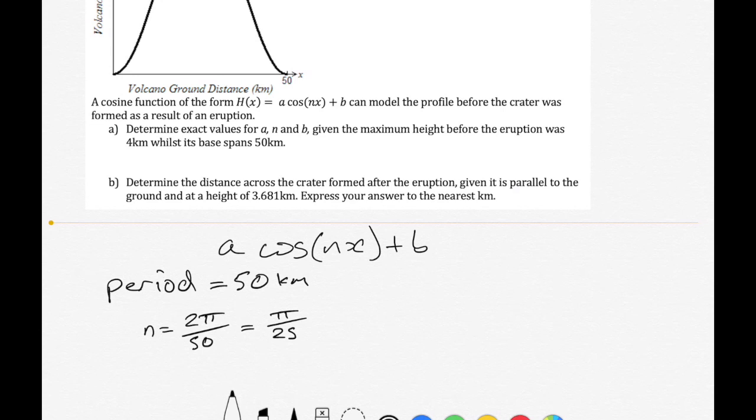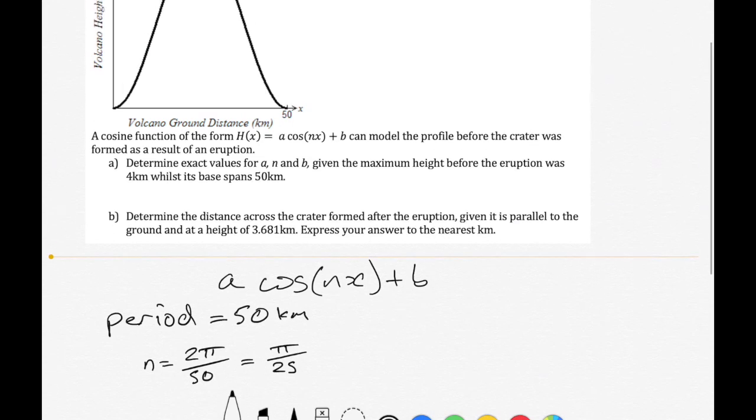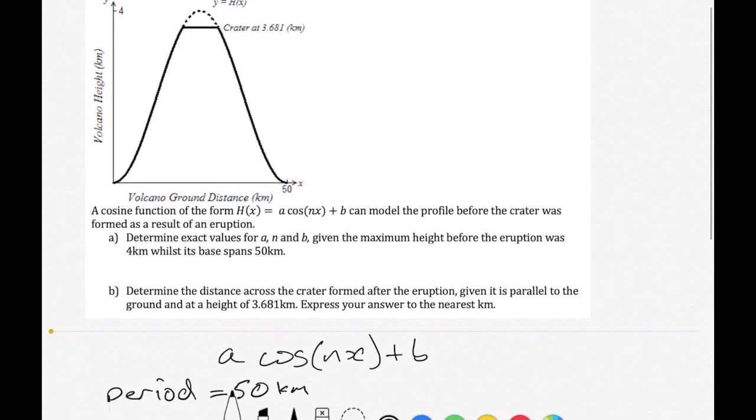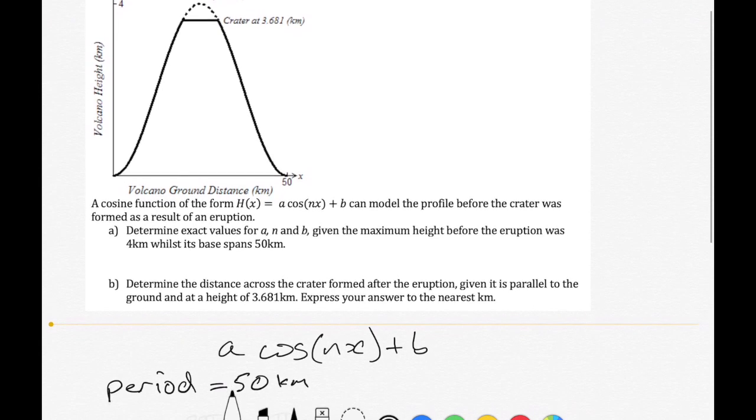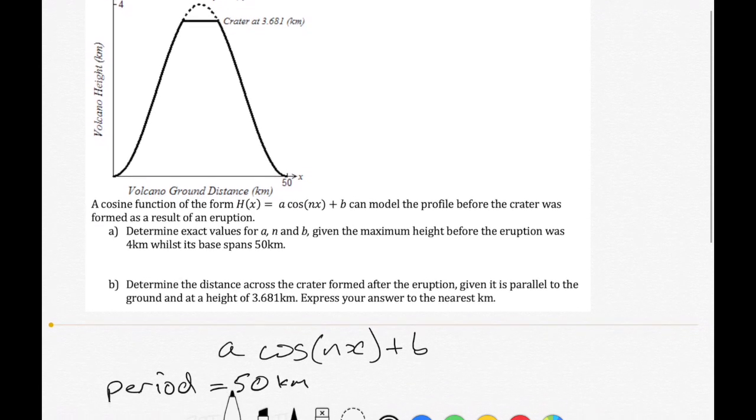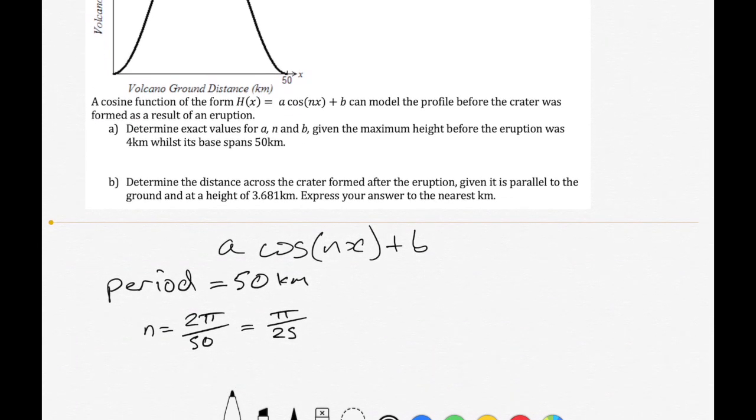In terms of A and B, we know that we can get those from our median value is B, and our distance between the median and the top is going to be our A value. Assuming we start at a height of 0, that means that halfway between 0 and 4 is our B value. So B is equal to halfway between 0 and 4, which gives us an answer of 2.